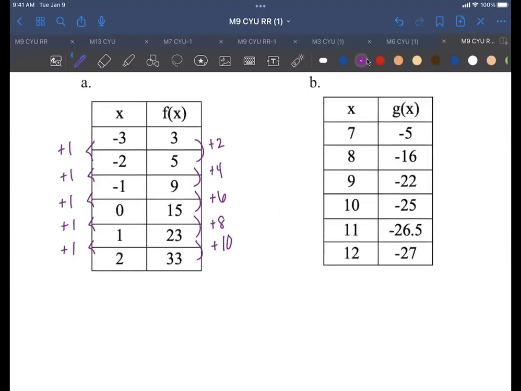So this is going to be an increasing, but also concave up relationship.